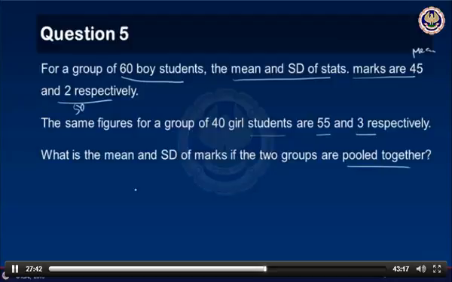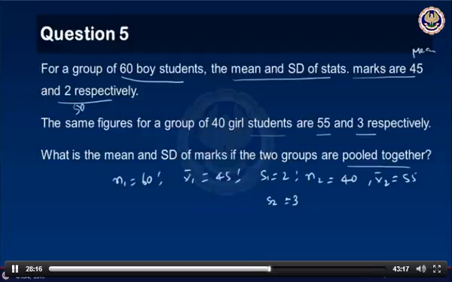Before computing this, for the first group, N1 is 60, X1 bar is 45, S1, the standard deviation, is 2, and for the second group of girls, N2 is 40, the mean X2 bar is 55, and S2 is 3.